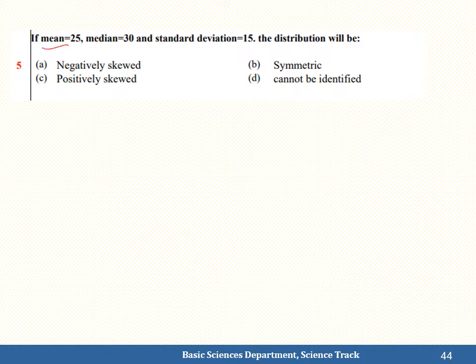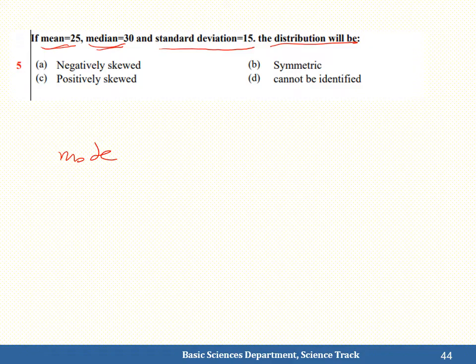If the mean is 25, the median is 30, and the standard deviation is 15, the distribution will be negatively skewed, positively skewed, or symmetric? To say, we have two typical orderings.